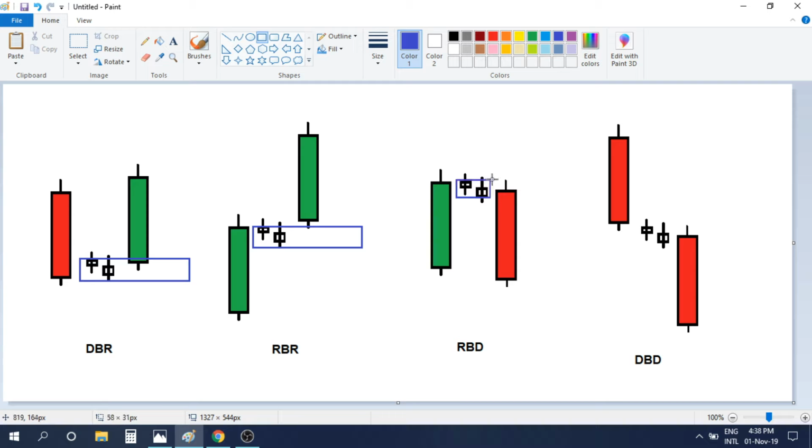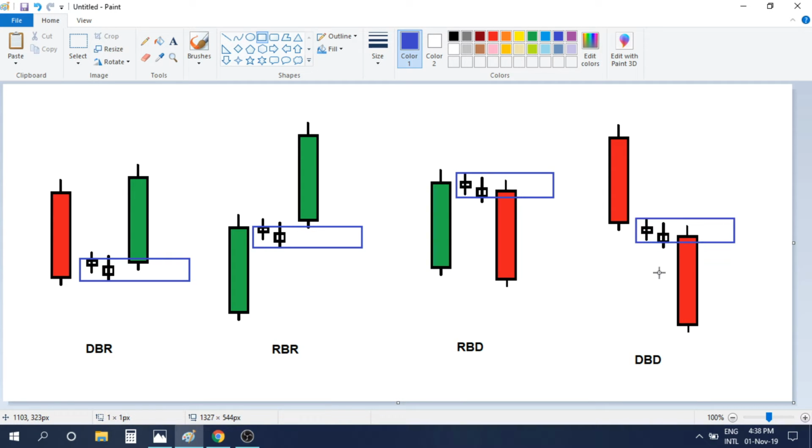So the zone would be marked like this. Right? Similarly, again, the lowest body and the highest wicks is just the mirror image of the ones that we drew in the demand zone cases, the supply ones. Right?